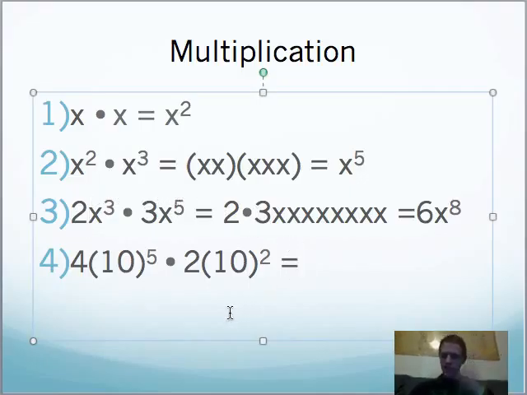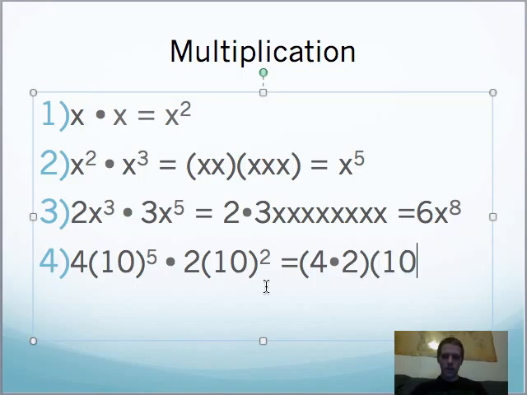So we go to this next example. There's no variables, but we still have a power, 10 to the fifth and another power, 10 to the second power. Notice they both have the same base of 10. So when we're multiplying, you can multiply the coefficients, 4 times 2, and then you're multiplying that by the power 10 to the 5 plus 2.